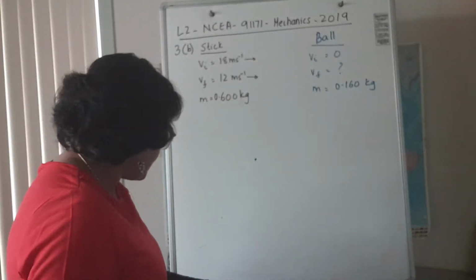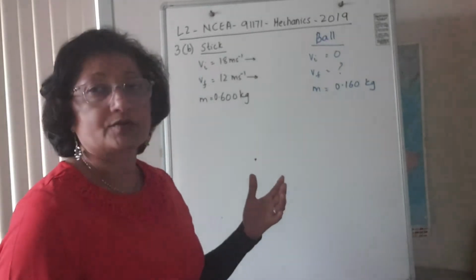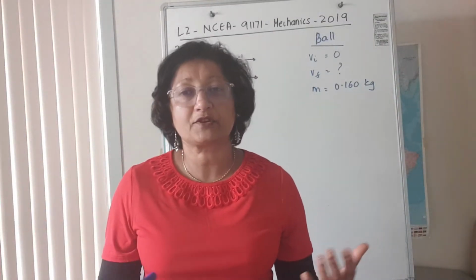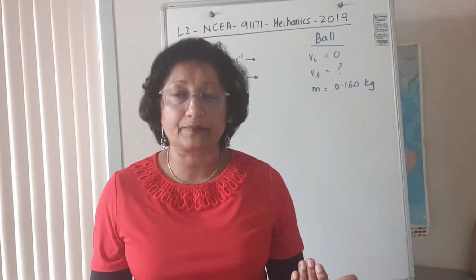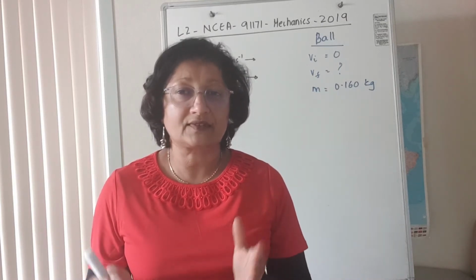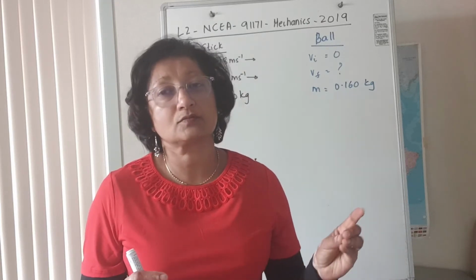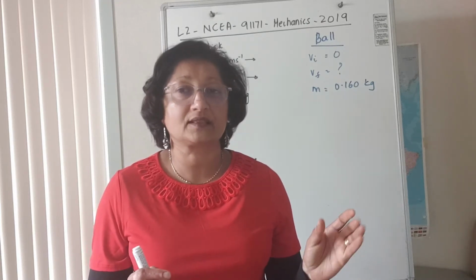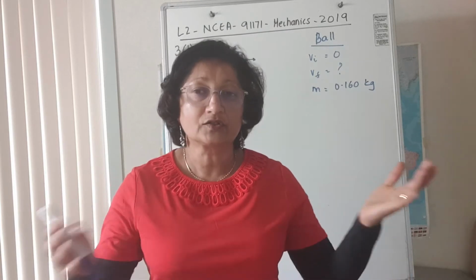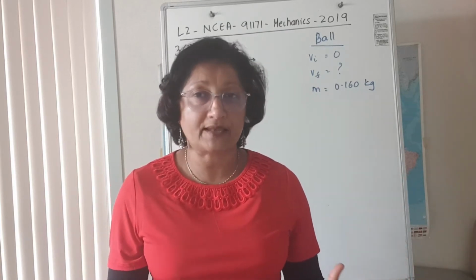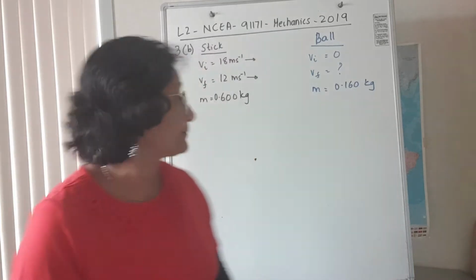Both the ball and the stick are going to experience a change in momentum. The change in momentum of the stick will be exactly equal to the change in momentum of the ball, but in the opposite direction. That's the whole thing with conservation of momentum: the total momentum stays the same the whole time.